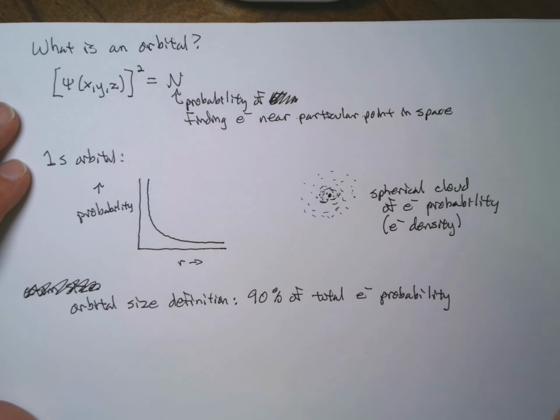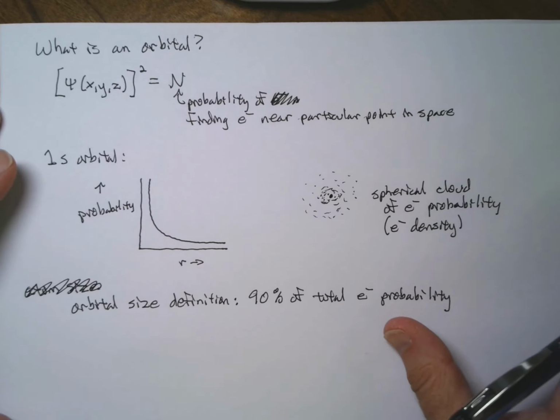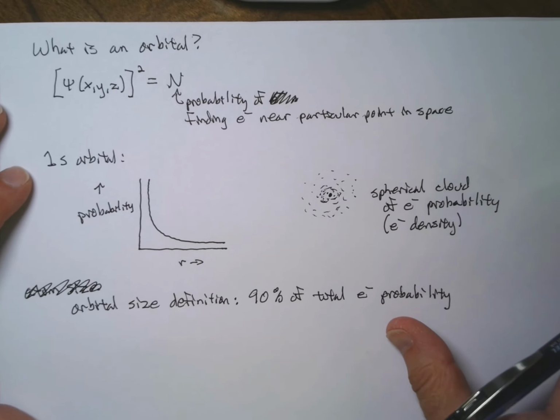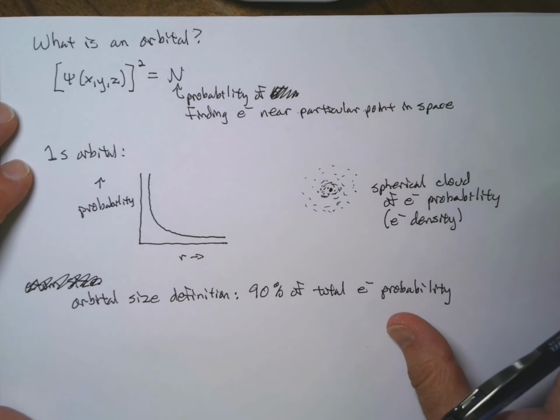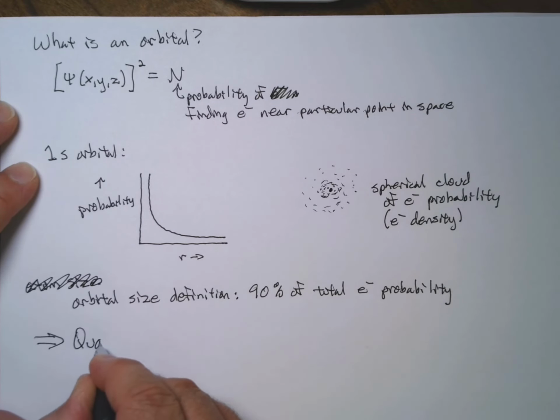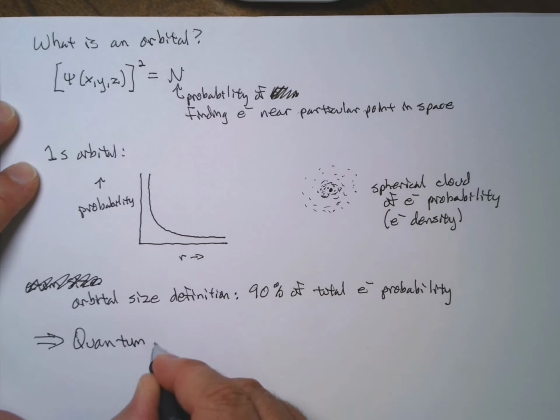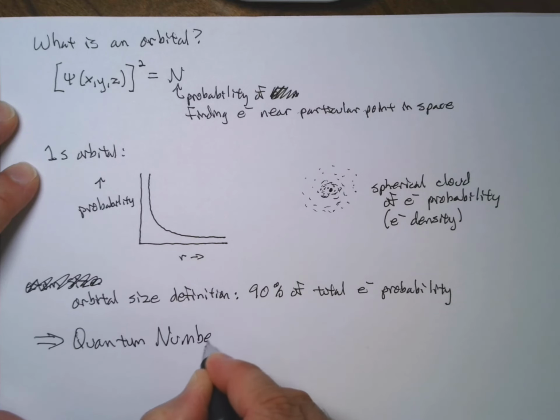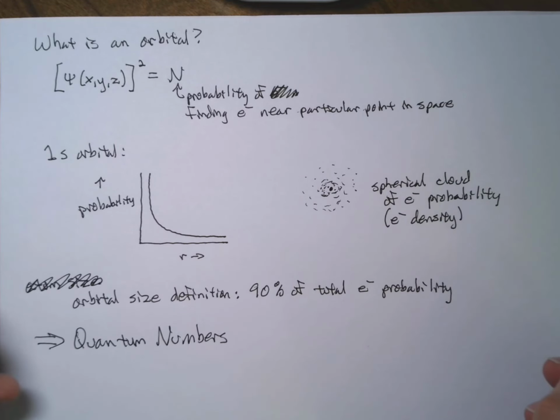Now, this is all well and good, but how are we going to do chemistry with this? Well, that's where we have what are called quantum numbers. And quantum numbers come out of the different wave functions that satisfy the Schrödinger equation for the hydrogen atom.